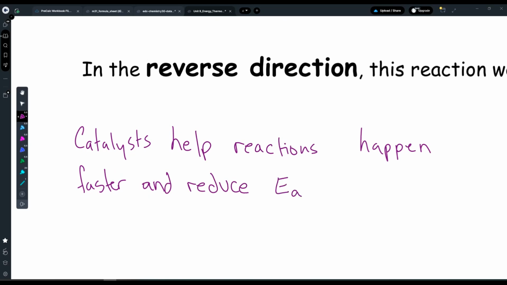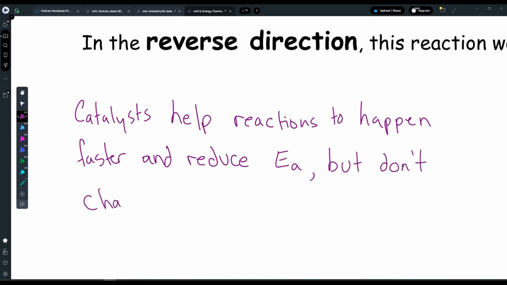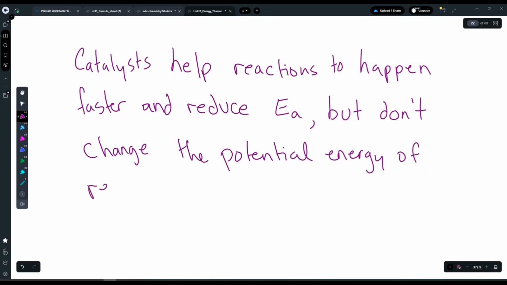Catalysts help reactions to happen faster and reduce activation energy, but don't change the potential energy of reactants or products.